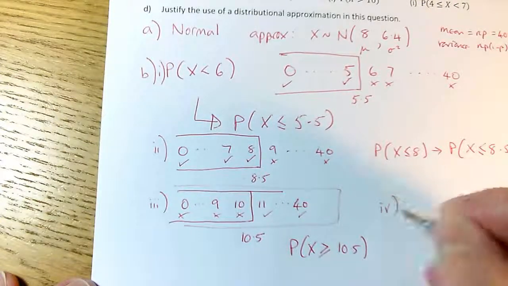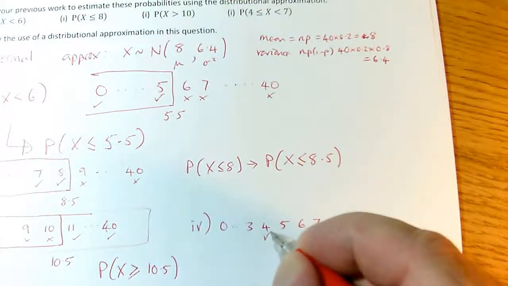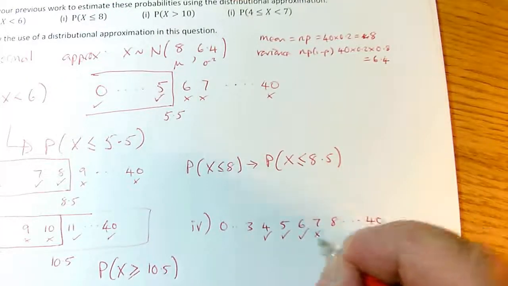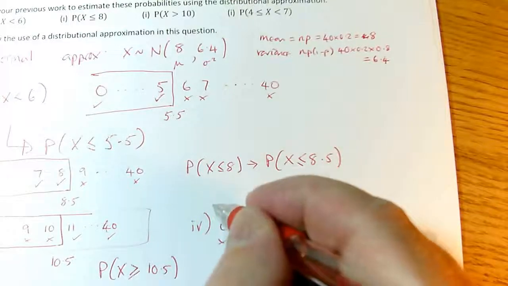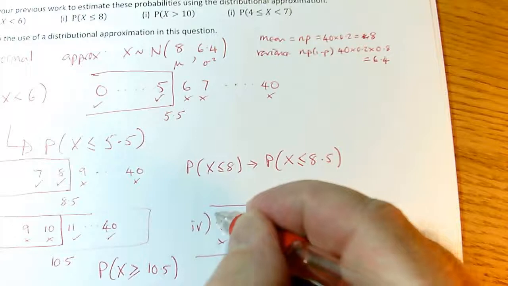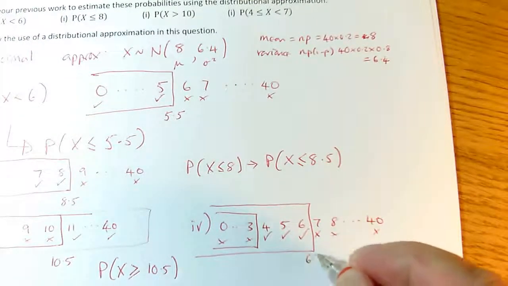And for part 4, your list of outcomes looks like this. Your ticks and crosses, we've got to be greater than or equal to 4, but we've got to be less than, but not including 7. So 7 gets a cross, these get crosses, these get crosses. So your big box and your little box, your big box would come up to there to include all the ticks. Your little box would come to there. So your cutoff values between 6 and 7, this is 6.5.